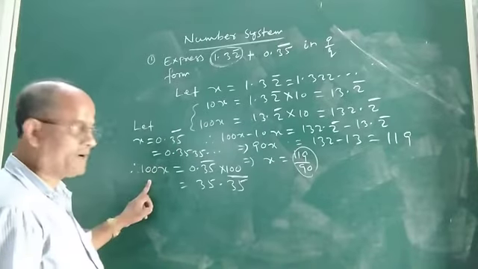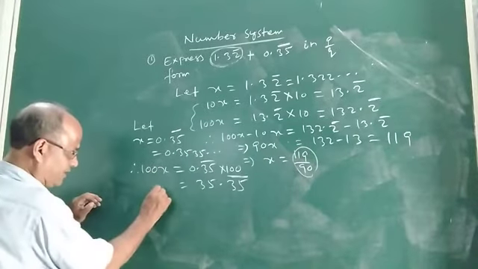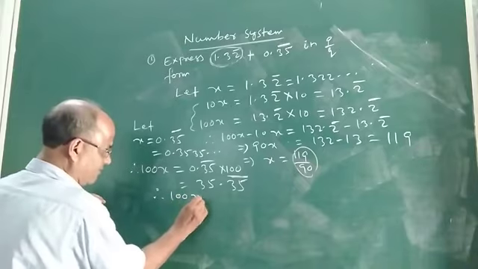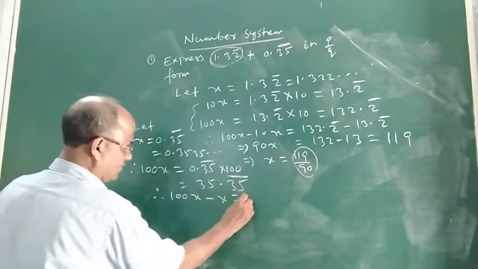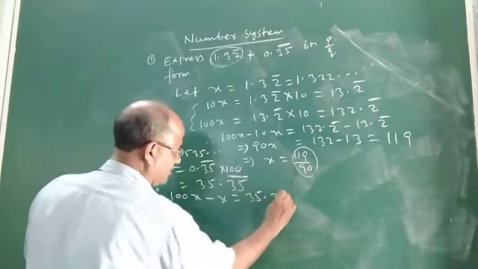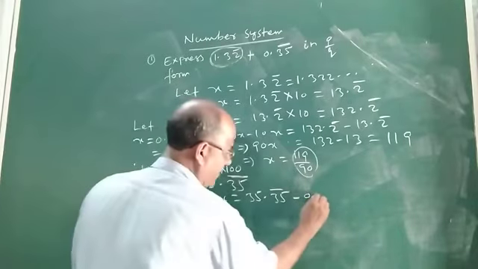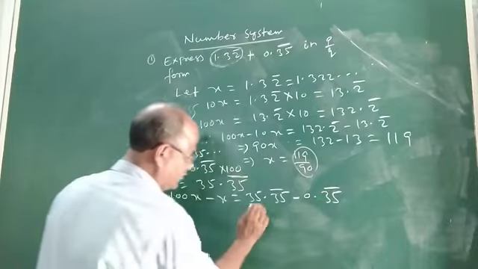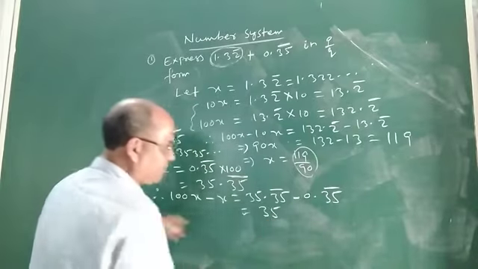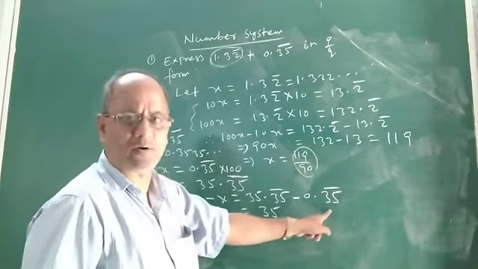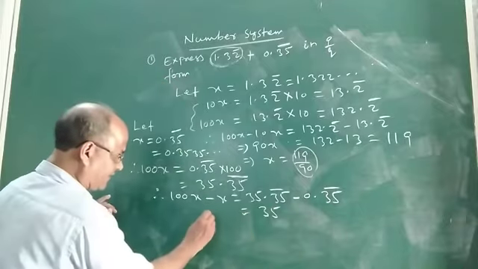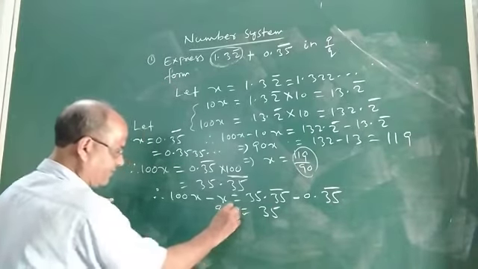Now subtract x from 100x. Therefore 100x minus x will be 35.35 bar minus 0.35 bar. So it will be 35 only, because 0.35 bar and 0.35 bar will be cancelled. So 100x minus x is 99x.